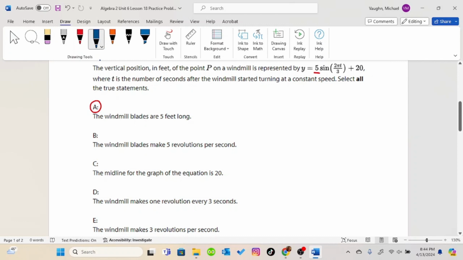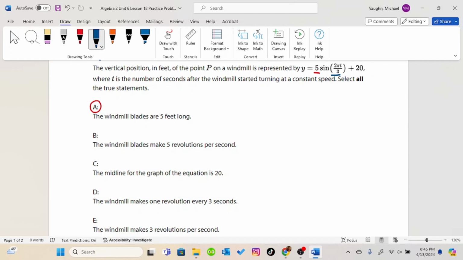Choice B, the windmill blades make 5 revolutions per second. To look at that, we're going to see what we are multiplying by the input. That'll give us the frequency. Well, the frequency is 2 pi over 3. That means 1 revolution every 3 seconds.